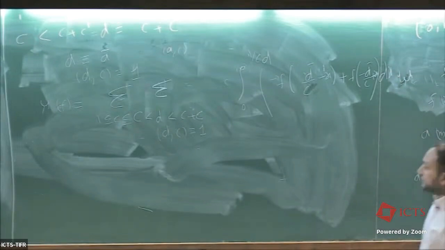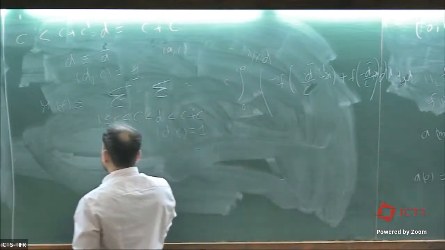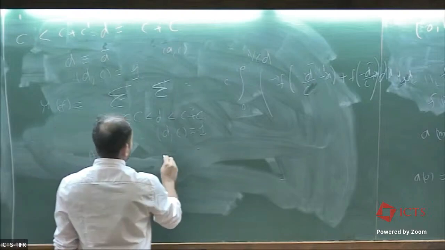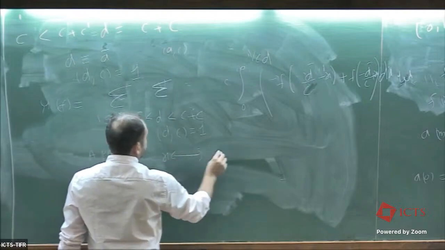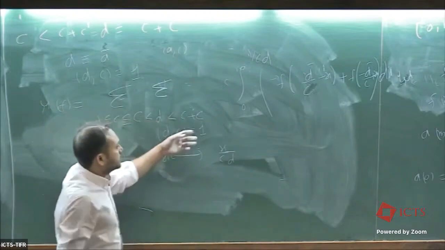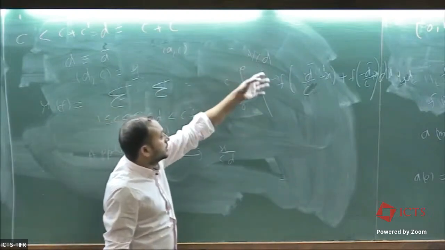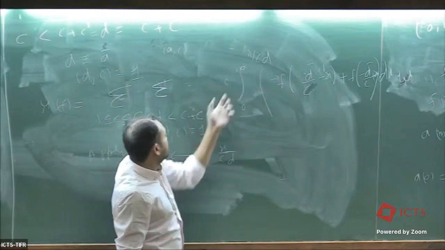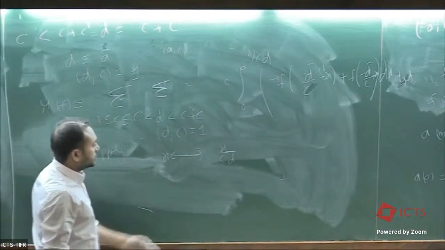Now again I will apply a change of variable, x going to x by C D. This integral depends on C and D, so to make it independent of numerator and denominator, just apply this change of variables.